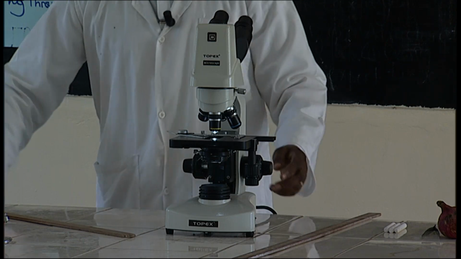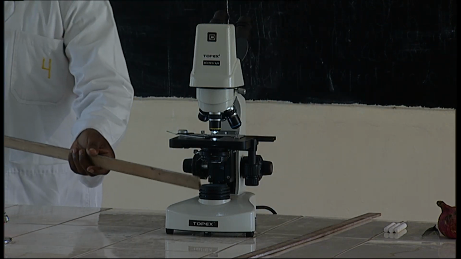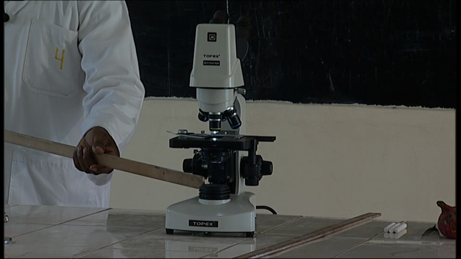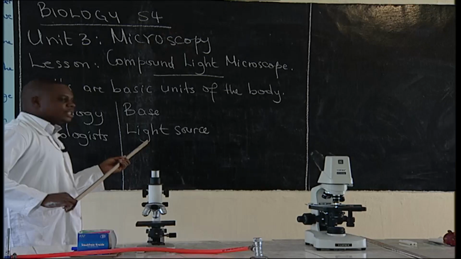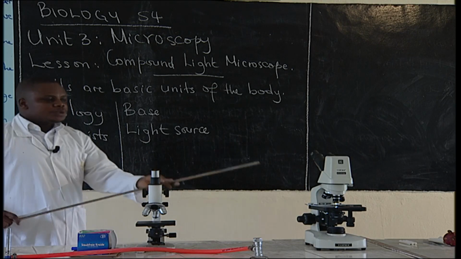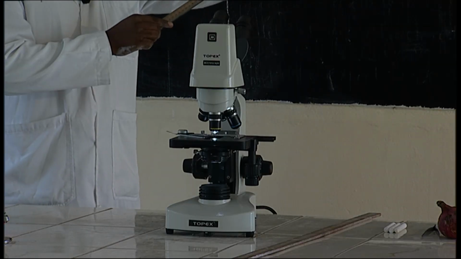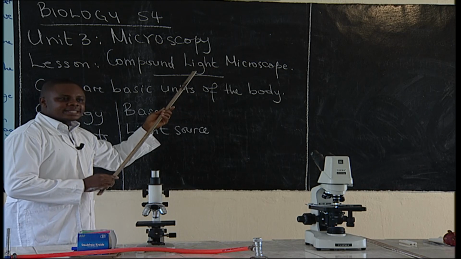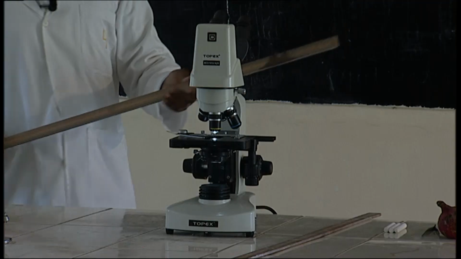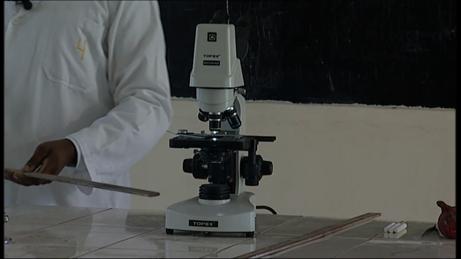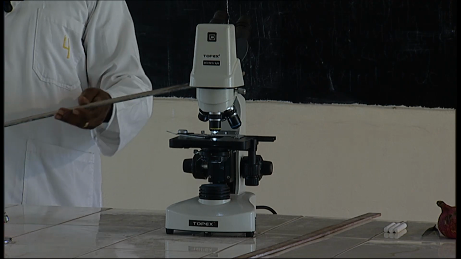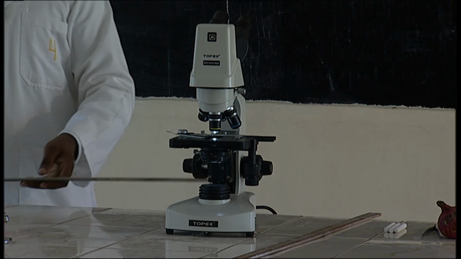And when it is on, you can see that this is the source of light. That's why we call it light source. Remember, this one we have called a compound light microscope, which means it uses light. So the function of the light source is to provide light, which is needed by this microscope.